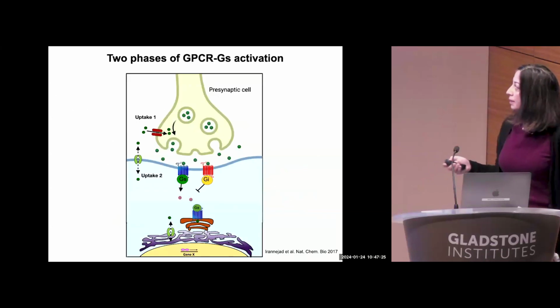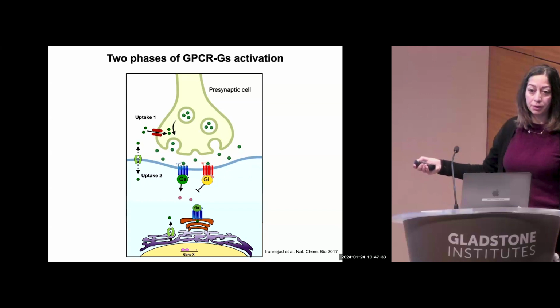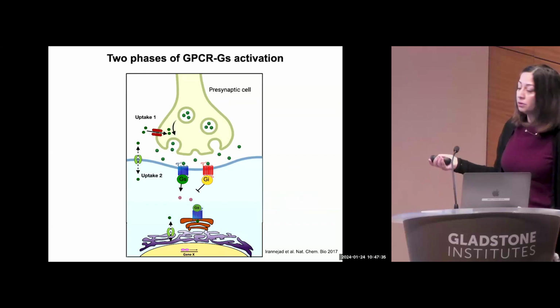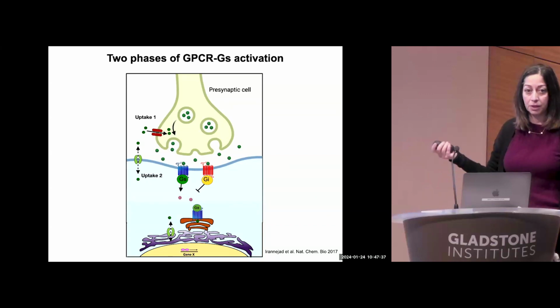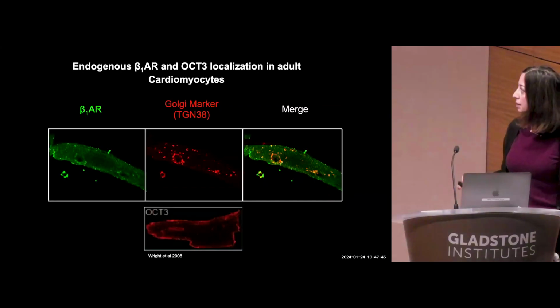So to understand the significance of this signaling activity inside of the cell at the Golgi membrane that is regulated by this transporter, OCT3, we wanted to test what the consequences are if we get rid of the activity of this transporter for the molecular activity of beta-adrenergic receptor in cardiomyocytes.